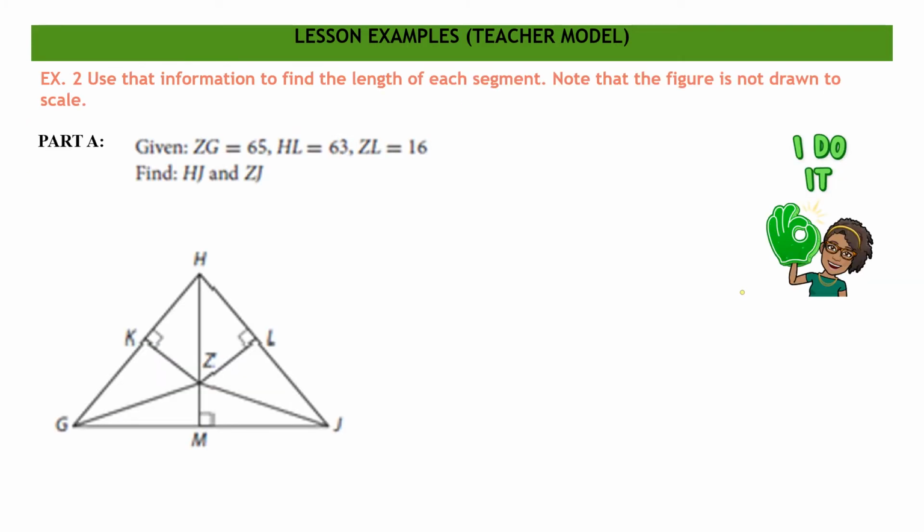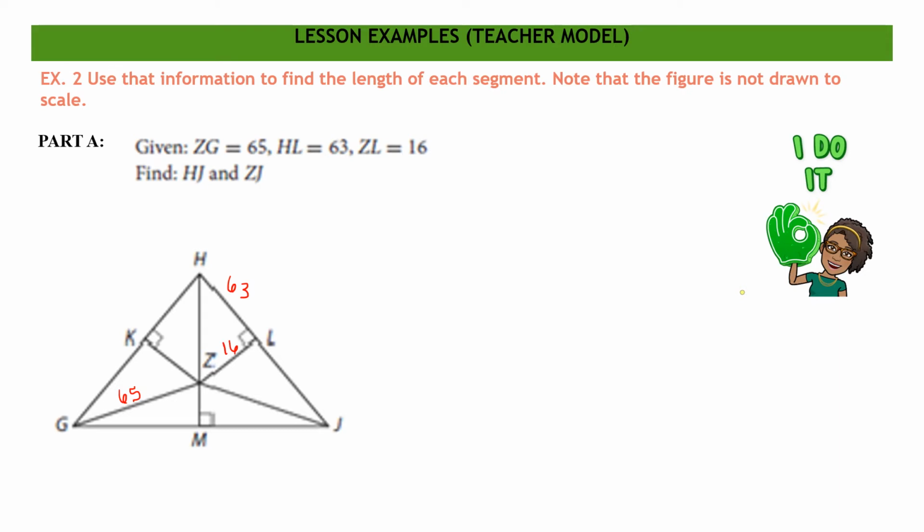In example 2, we're going to use this perpendicular bisector theorem and the circumcenter to show and apply why this is true. Example number 2, part A says they give us that Z to G is 65, H to L is 63, and Z to L is 16.